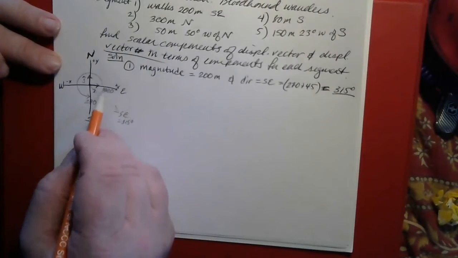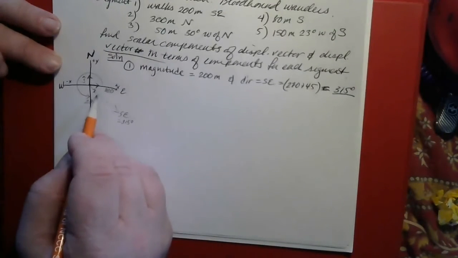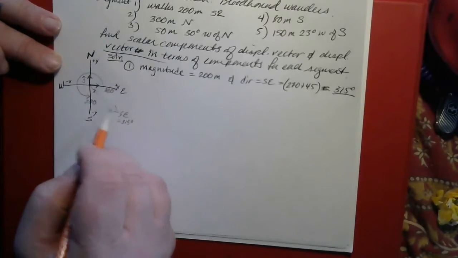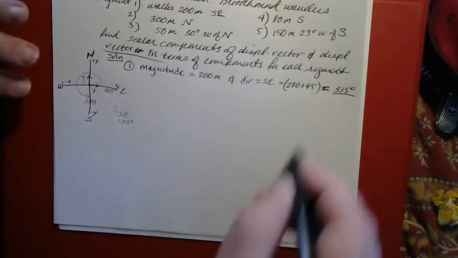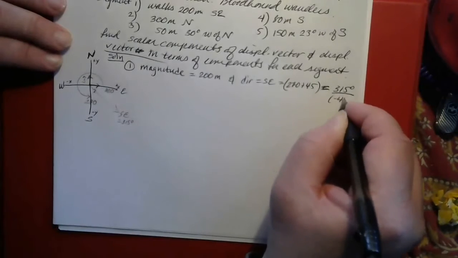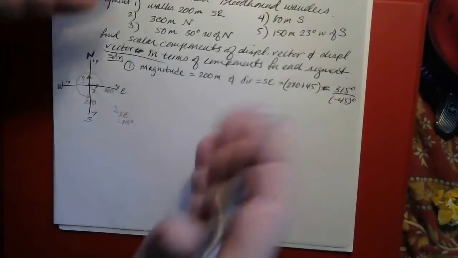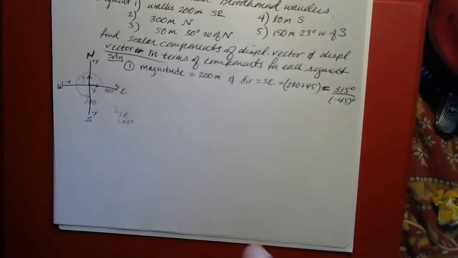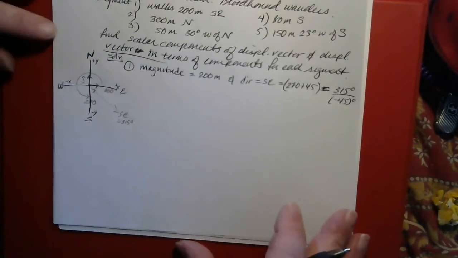Clockwise from the east or positive x direction would give you an angle of negative 45 degrees for southeast. And you could use that also because the cosine and sine functions are the same for 315 as they are for negative 45. So you can do it either way.